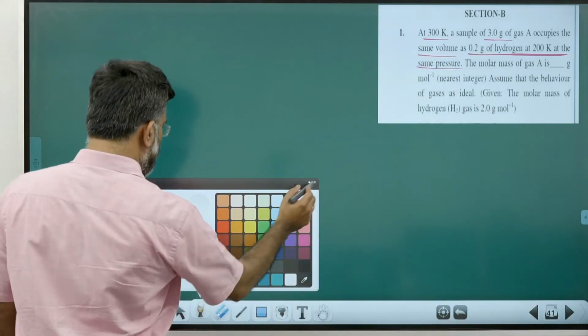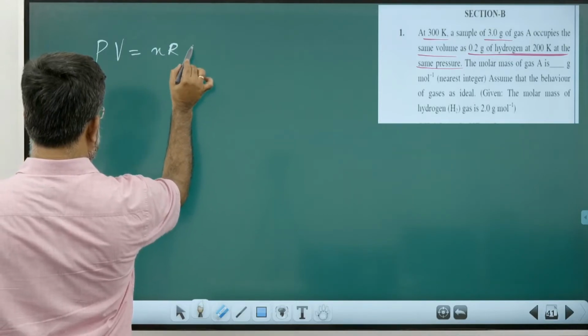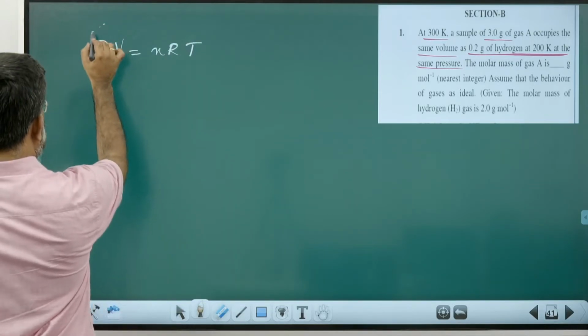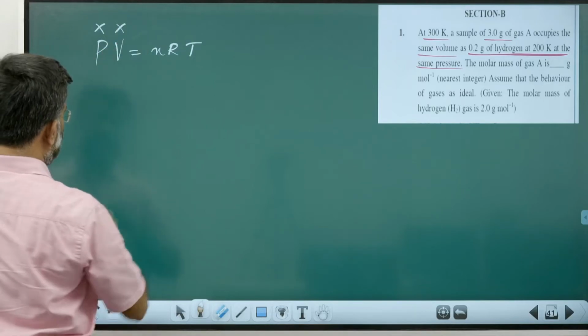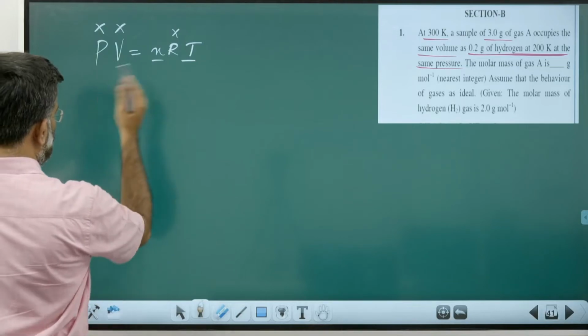Assuming ideal behavior, PV = nRT. Pressure is constant and volume is the same, so n and T are the variables.